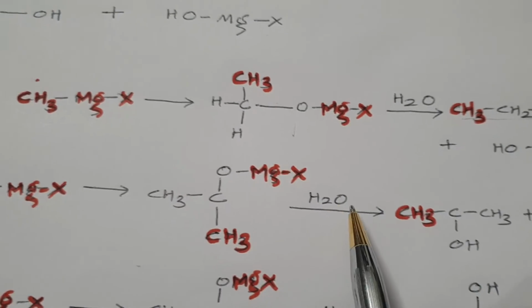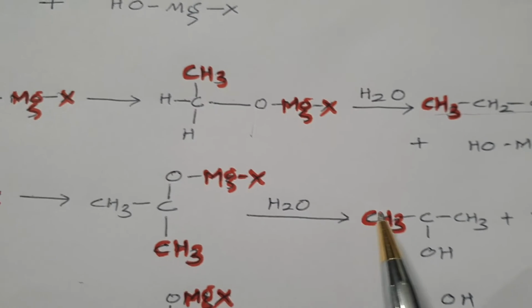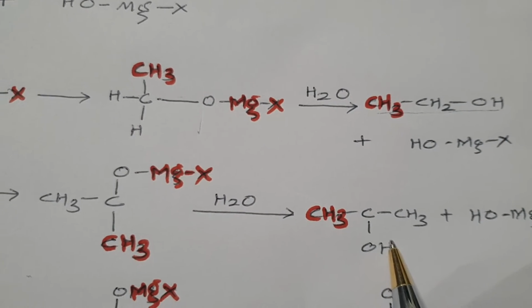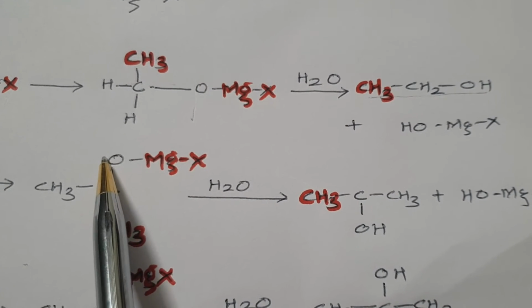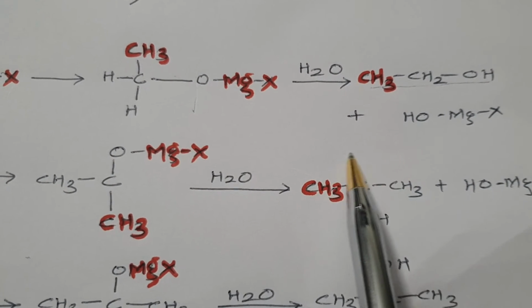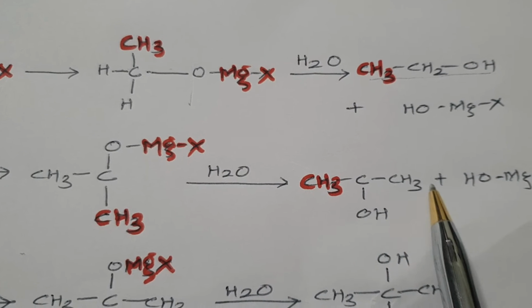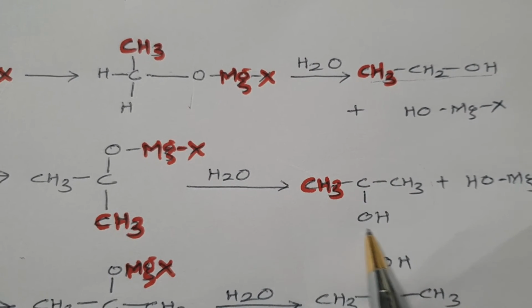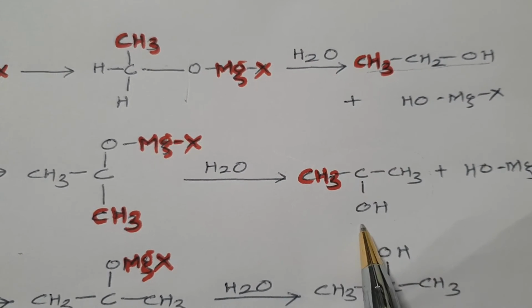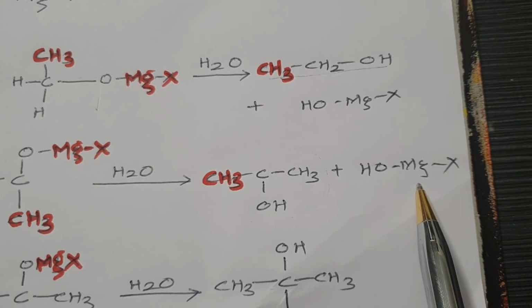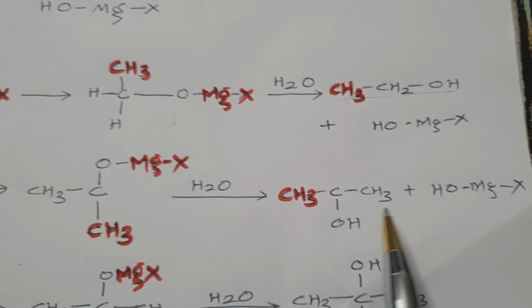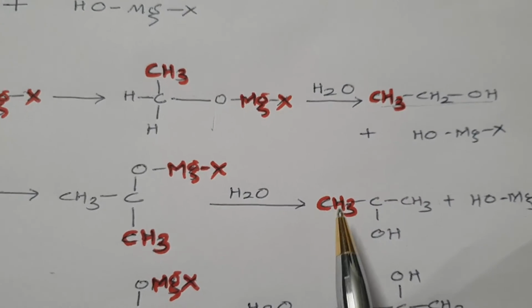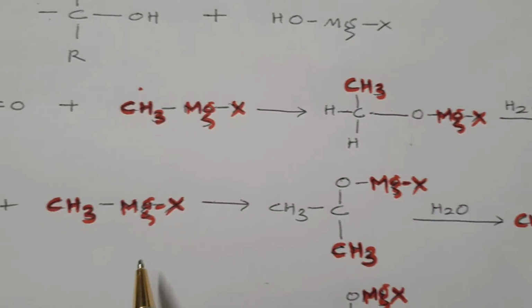This adduct further undergoes hydrolysis to give us our product, and that is OH comes over here, hydrogen goes over there. Thus, it goes to give us propan-2-ol as our product, and hydroxy magnesium halide as our byproduct.